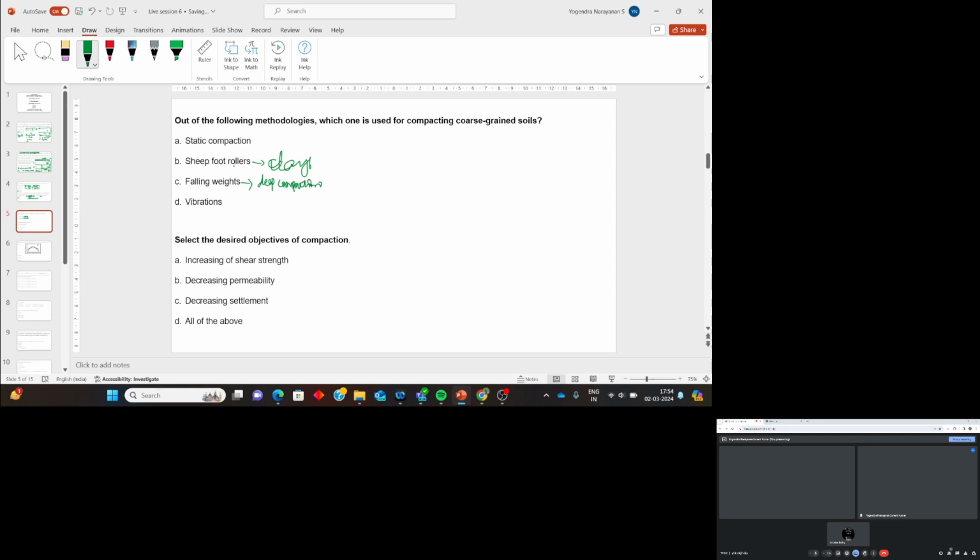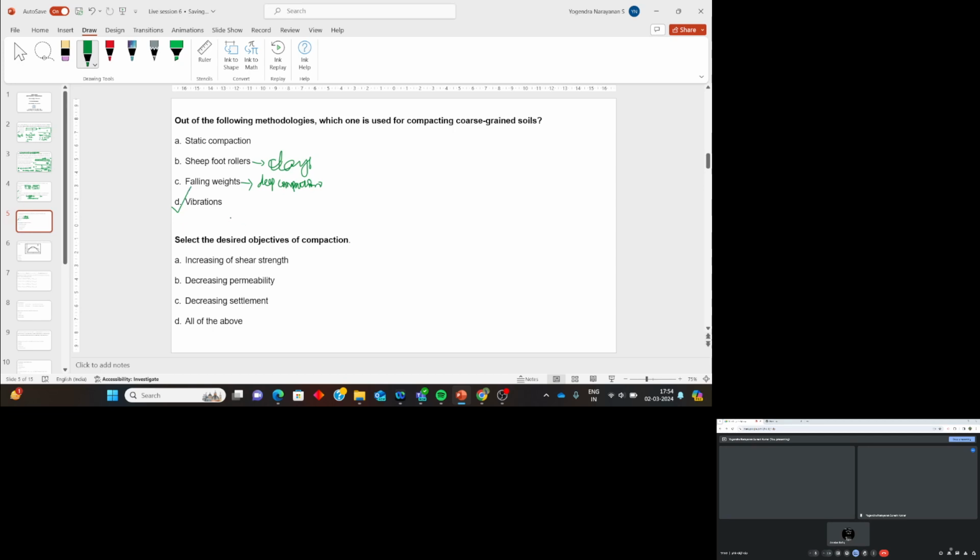Mostly cohesive soils are compacted by falling weights and sheep foot rollers. Deep compaction means if you are to compact more layers of soil, it is a sort of ground improvement also. And vibrations are for coarse grain soil.